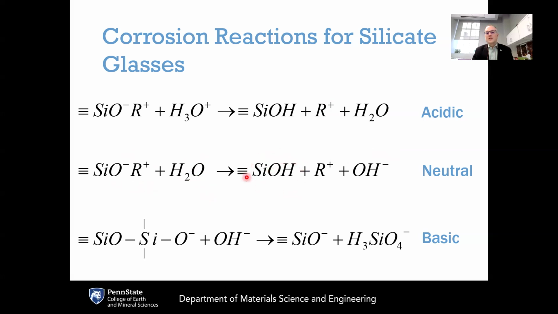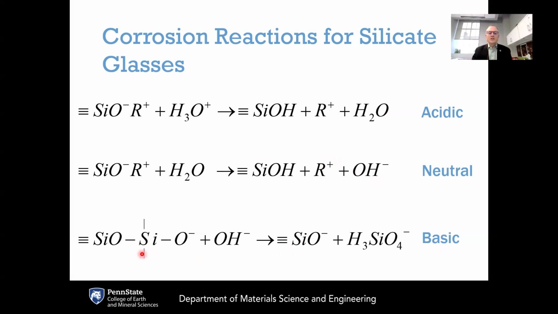That forms this silanol group in the glass, releasing the alkali ion in the process, and then releasing an OH group. Again, this is ion exchange that accompanies the leaching of the alkali ions out. And again, this reaction increases the pH of the solution because we are now replacing a water molecule with an OH group.